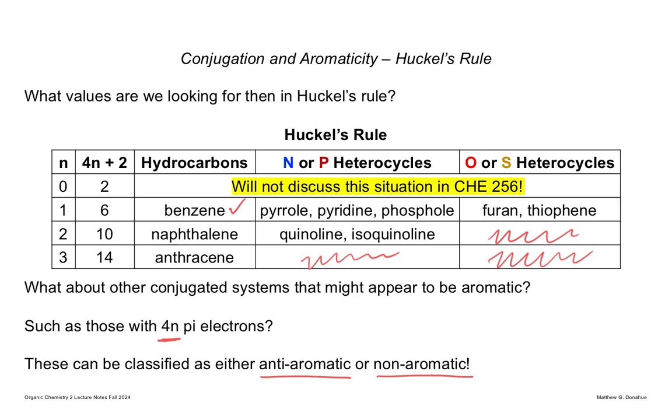So they might be cyclic, conjugated, all those other things, but they only have 4n electrons. So they're classified in one of these two other ways. The difference would be they don't enjoy that stability that we saw from the heat of hydrogenation experiment. They're not stabilized by aromaticity.